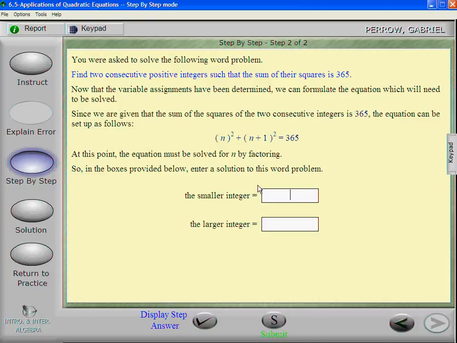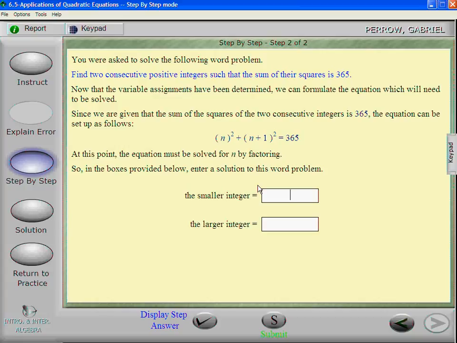So n plus 1. And when you start solving this out, you're going to have n squared plus, so we have the sum of squares, so we've got n squared, and then when you have n plus 1 squared, you've got to do that times itself, which remember is all the way done out like a FOIL. N squared plus n plus 1 equals 365.